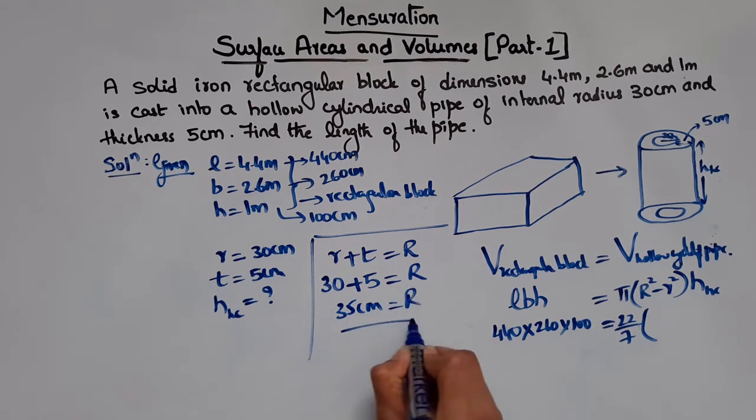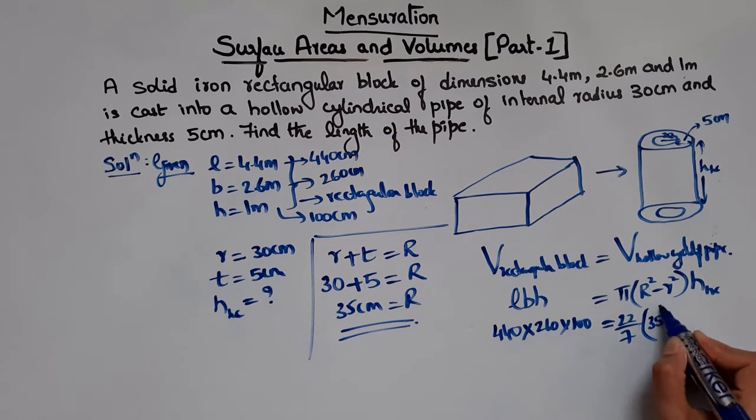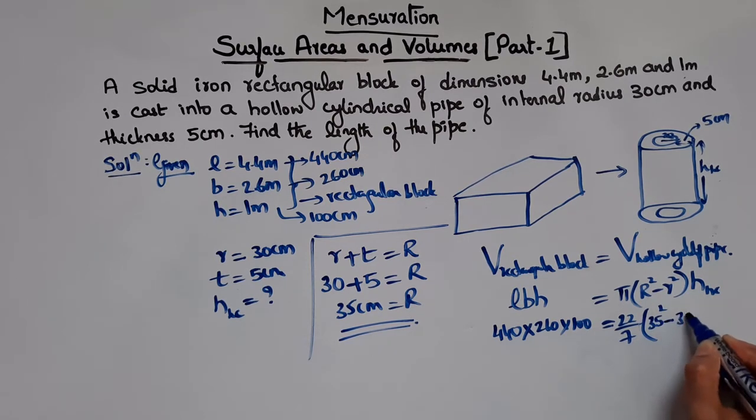This is nothing but your external radius. So let's substitute the value here: 35 square minus small r which is 30, so 30 square into height, which we don't know, we have to find this.